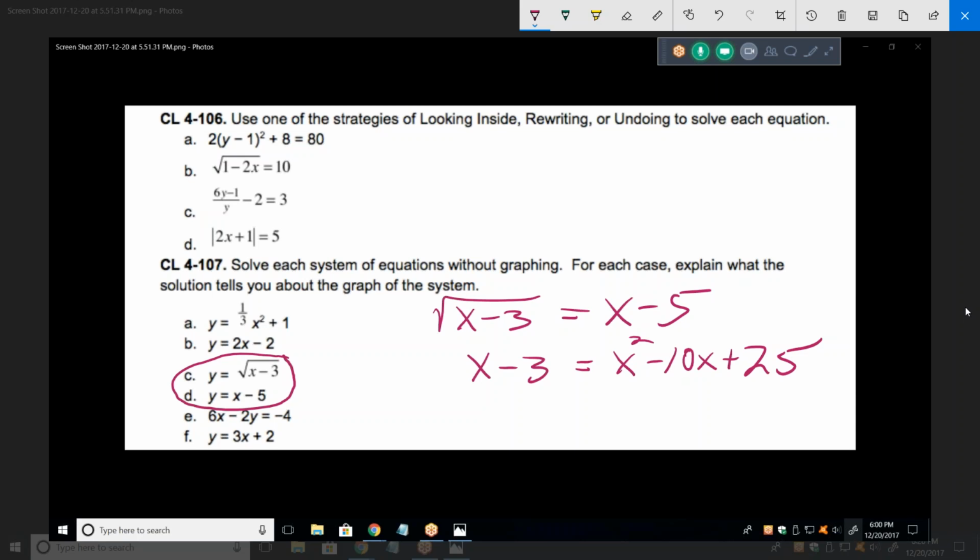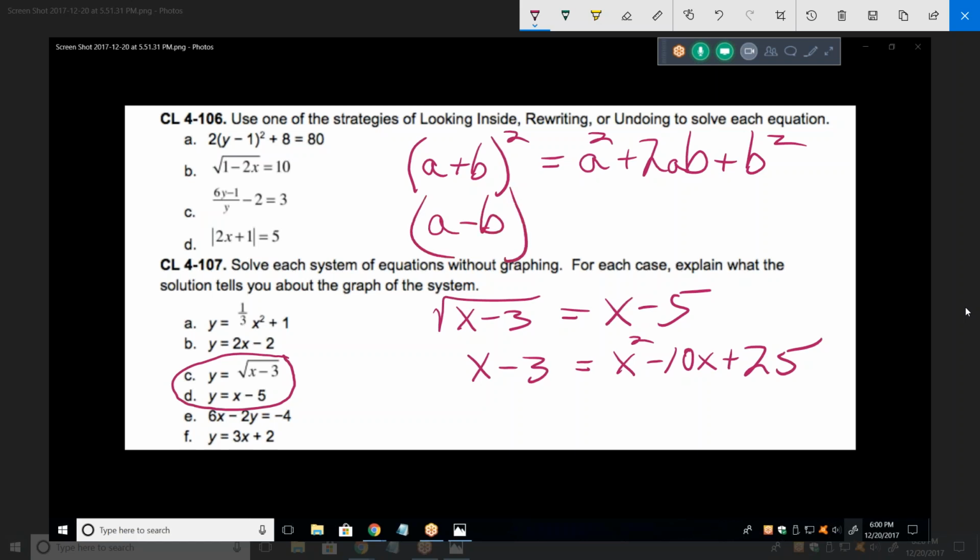Or better yet, let's talk about this because this is so important. I can't believe I have a lot of students that don't know how to do this. It's really worth memorizing this only because you have to do it so often. You have to take a binomial term and square it.